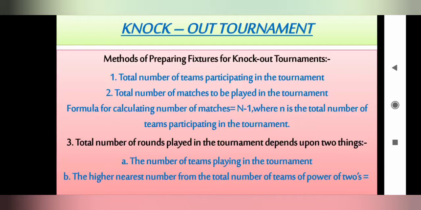These two things determine how many rounds there will be. Basically, we calculate the next highest power of 2. How many powers of 2 we use, that is the total number of rounds. Okay, so let's move to the next page.